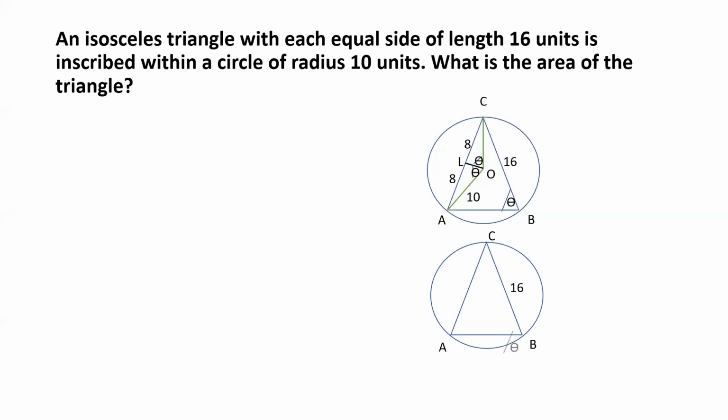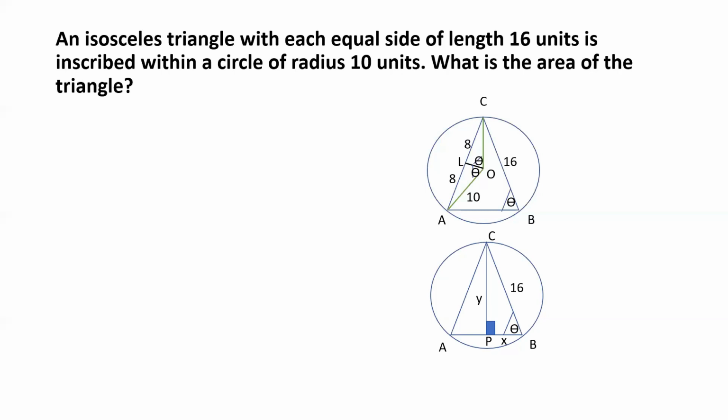We drop a perpendicular from the vertex C of the isosceles triangle onto its base AB, and this meets the base AB at the point P. We know that angle ABC is theta. Let the length of CP be y, and the length of PB be x.